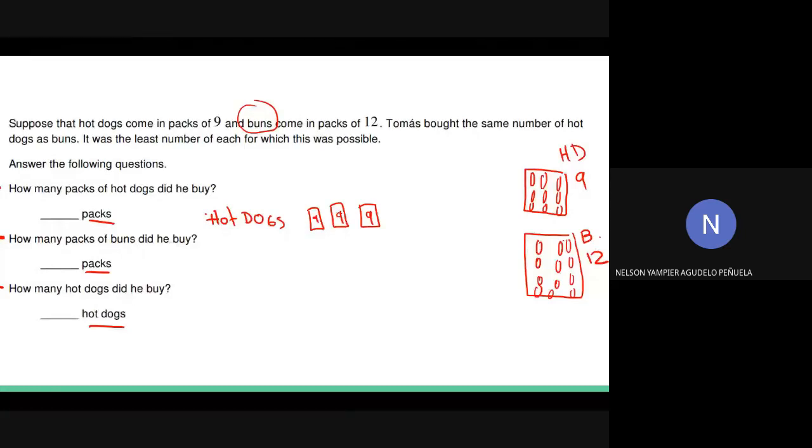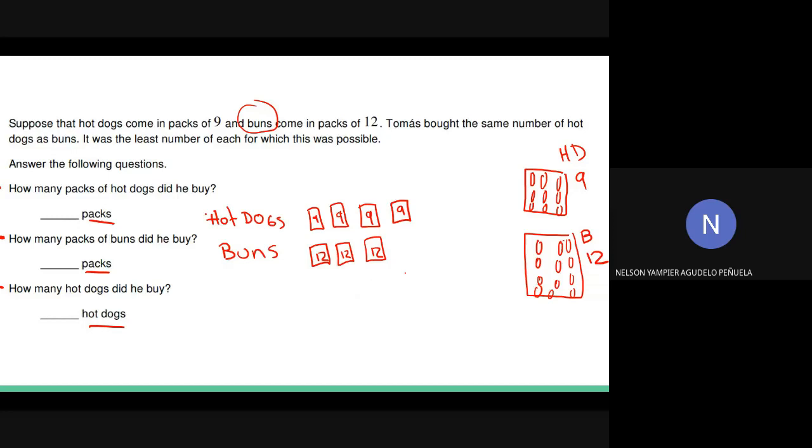So, buns. Here we have a pack of 12, another pack of 12, another pack of 12. Okay. How much have we bought until here? 36. Van 27 y 36. Let's add another one of here.